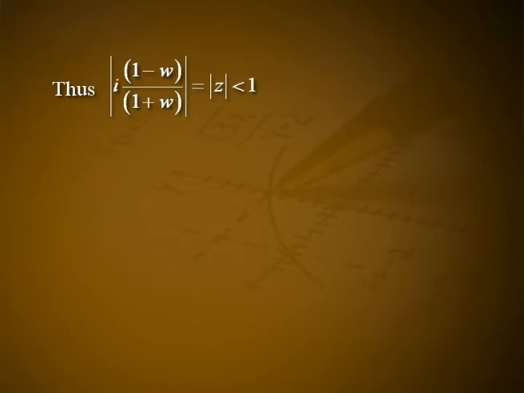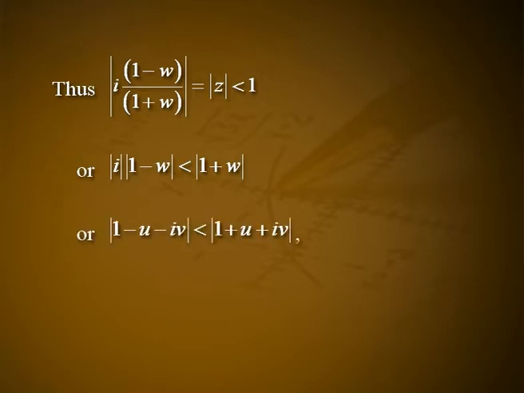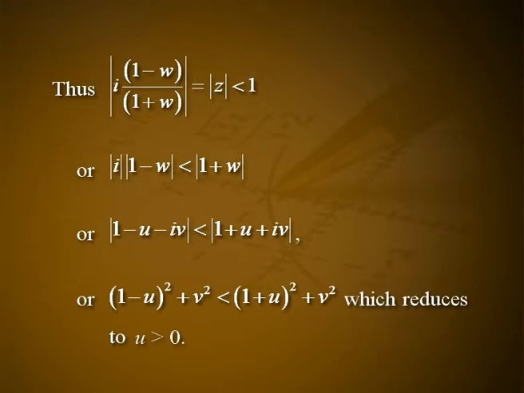Thus, |i(1 − w)/(1 + w)| = |z|, which is less than 1, or |i||1 − w| < |1 + w|, or |1 − u − iv| < |1 + u + iv|, or (1 − u)² + v² < (1 + u)² + v², which reduces to u > 0.